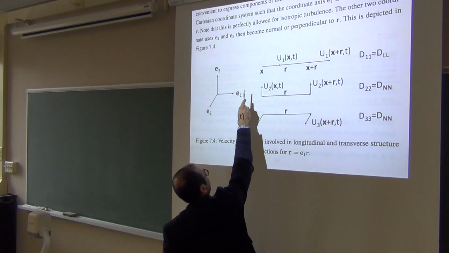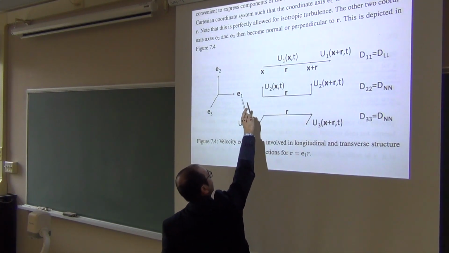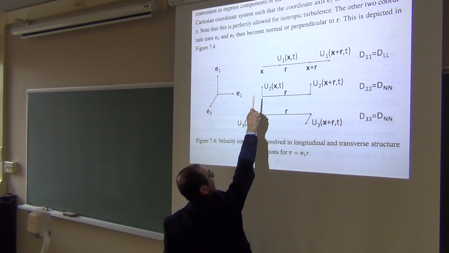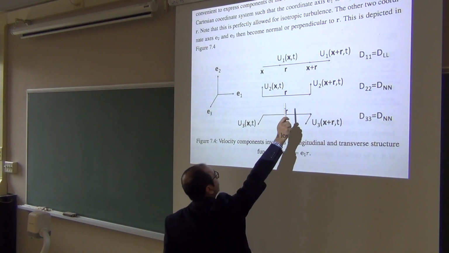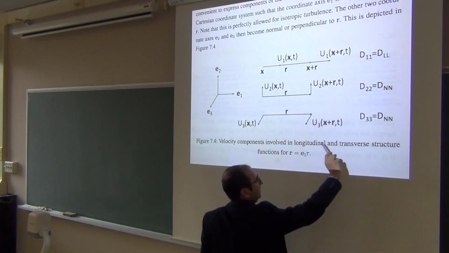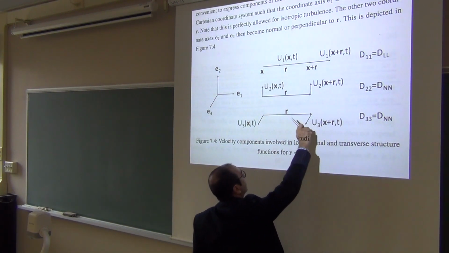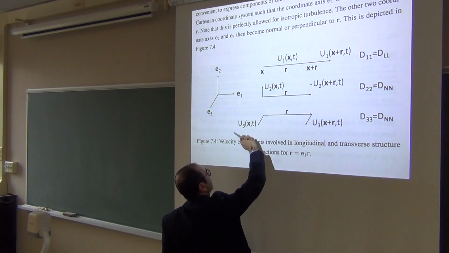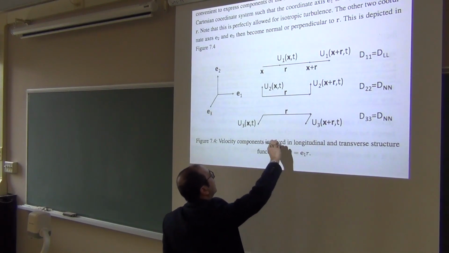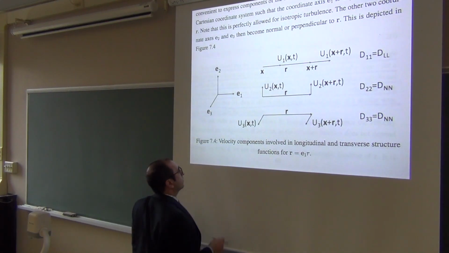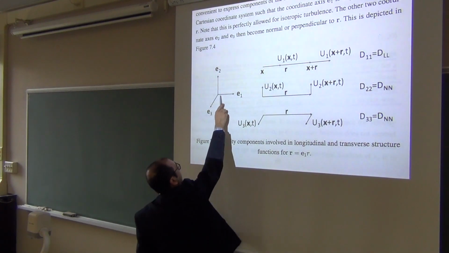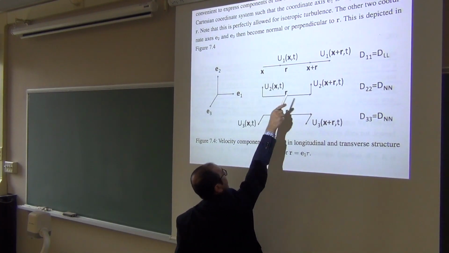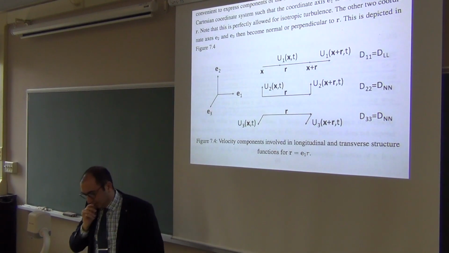And again, it could be defined for the longitudinal direction, where you look at the component of velocity along vector r, or u1 along r, or the transverse components of velocity, u2 and u3, with respect to r. Of course, I have rotated my coordinate system, so I get e1 or x aligned with r. Okay.